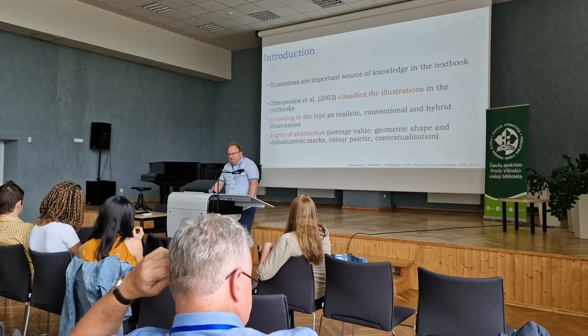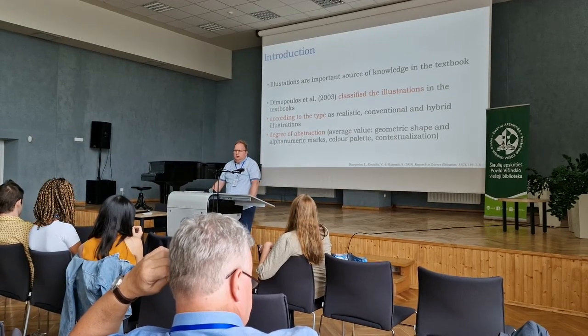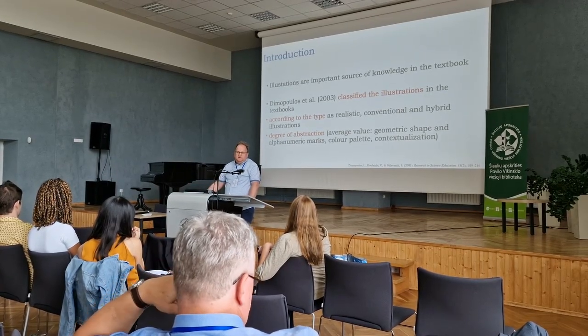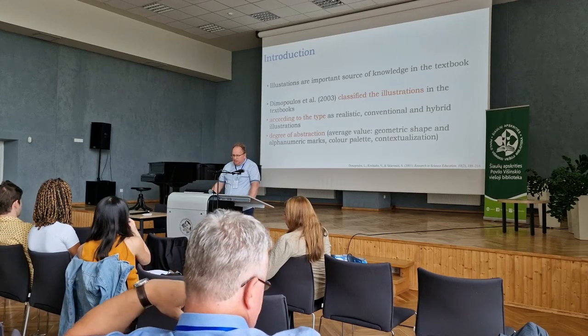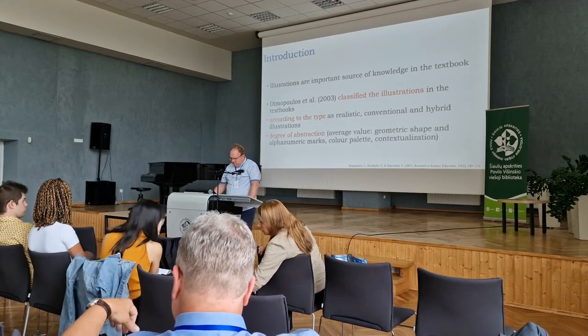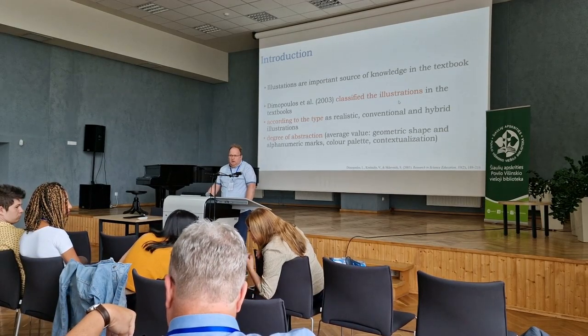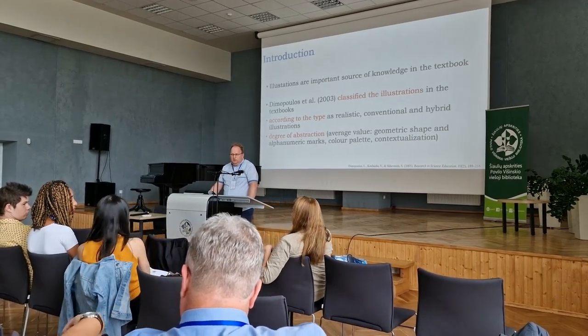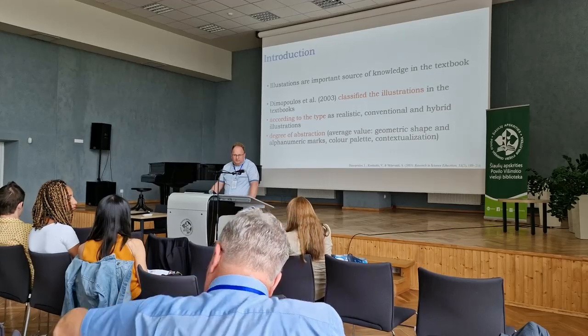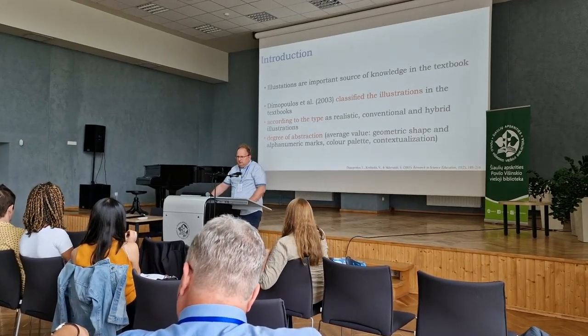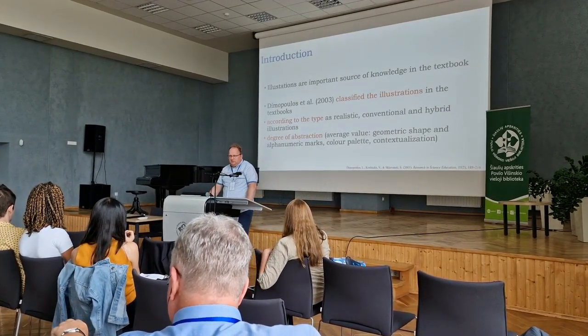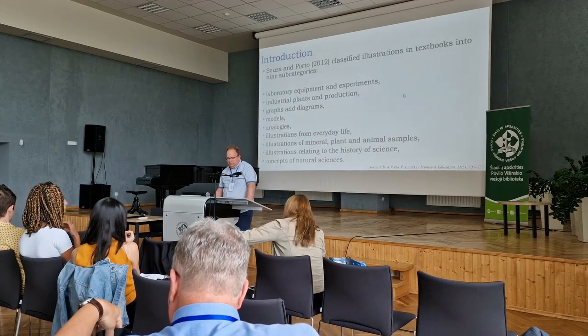And contextualization, which is based on the color of the background. Is it the same as the page in the book, or is it different? You get a value from 1 to 3. If the value of abstractness is 1, that picture is low in abstractness, and 3 is high.